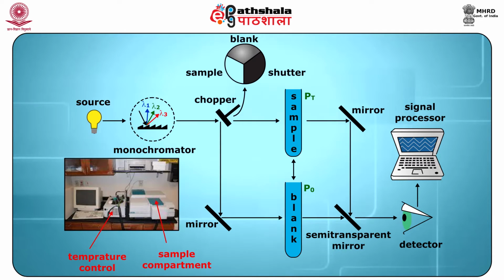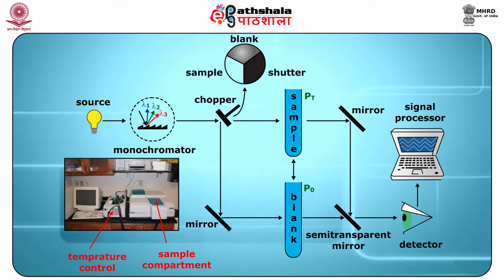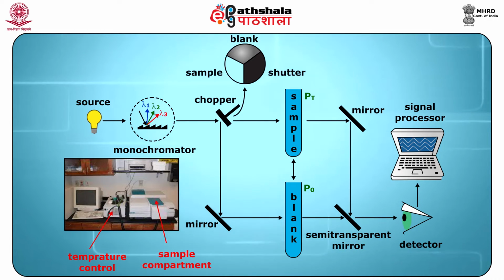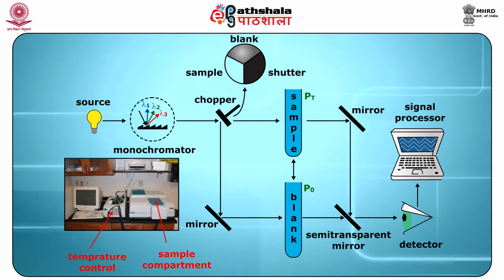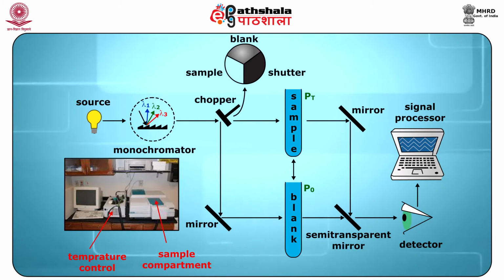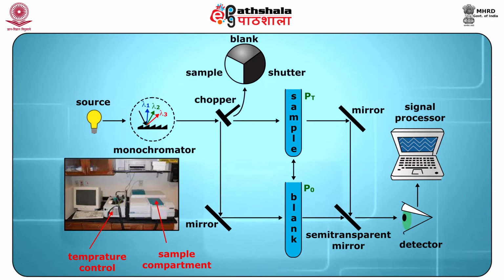The chopper's known speed of rotation is used by the signal processor to resolve the signal reaching the detector into the transmission of the blank P0 and the sample PT. It is possible to continuously adjust to 0% transmittance by including an opaque surface as a shutter.